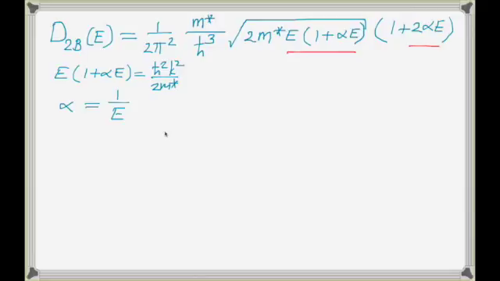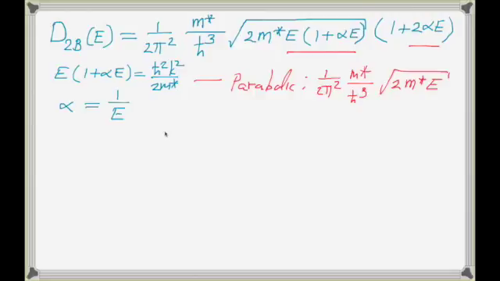In the parabolic model, I would just have m star over 2 pi. So what you see is that as E starts to become comparable to alpha, or for alpha E greater than 1, the two models start to diverge significantly.